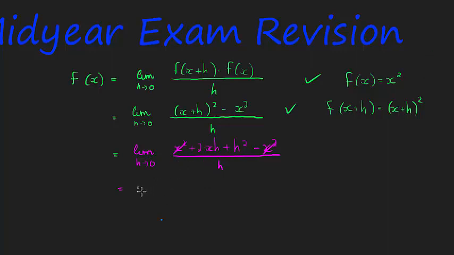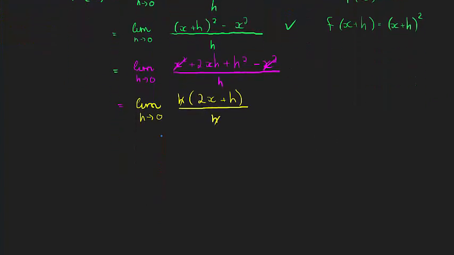Let me rather not skip steps. I take out an h, and what's left is 2x plus h, divided by h. These cancel, and now I can write my final step, which is substituting the 0 for h.